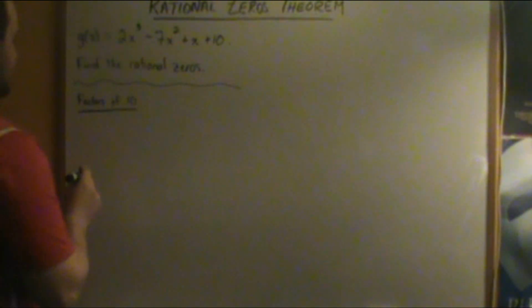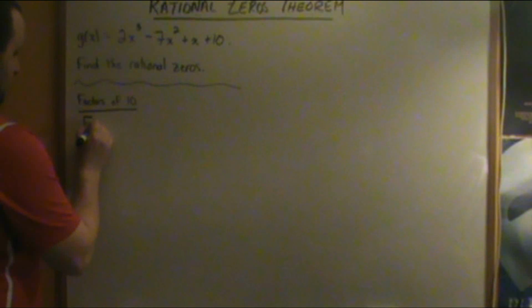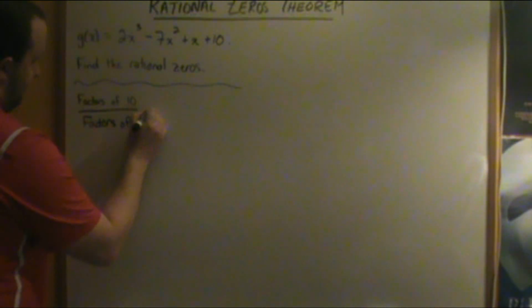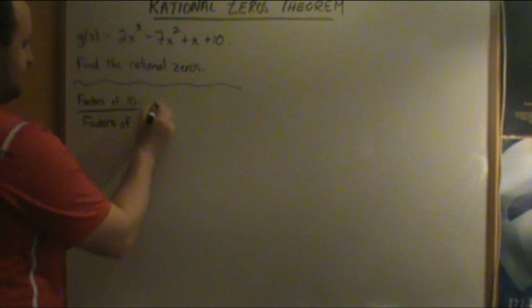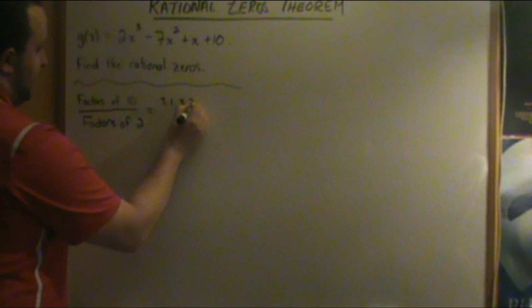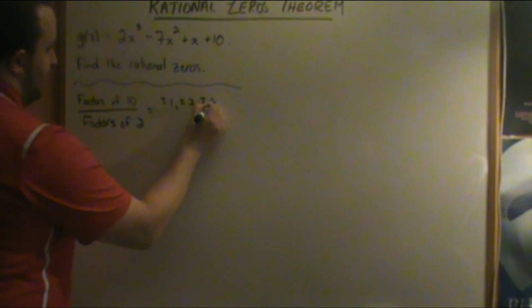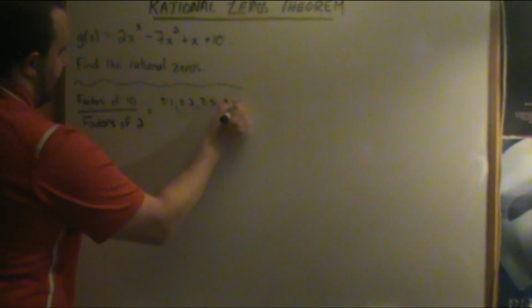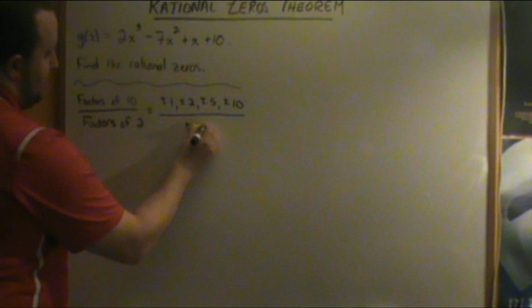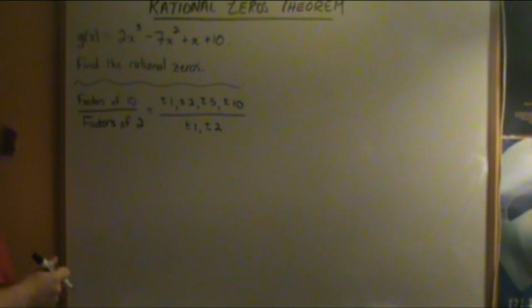Because it's not 1, we need to account for that leading coefficient of 2. All of our factors of 10: positive or negative 1, positive or negative 2, positive or negative 5, and positive or negative 10. Our factors of 2 are positive or negative 1 and positive or negative 2.